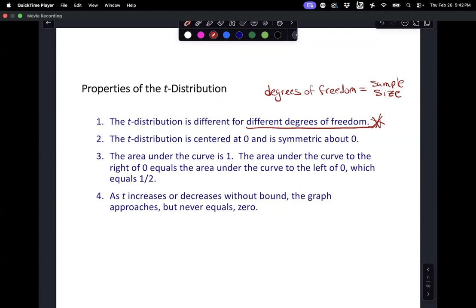It has 50% above 0 and 50% below 0. And just like with everything else we've been dealing with, as my t gets super, super big and super, super small, it's going to approach 0, but it's never going to reach 0. We just have a little bit more in the tail.